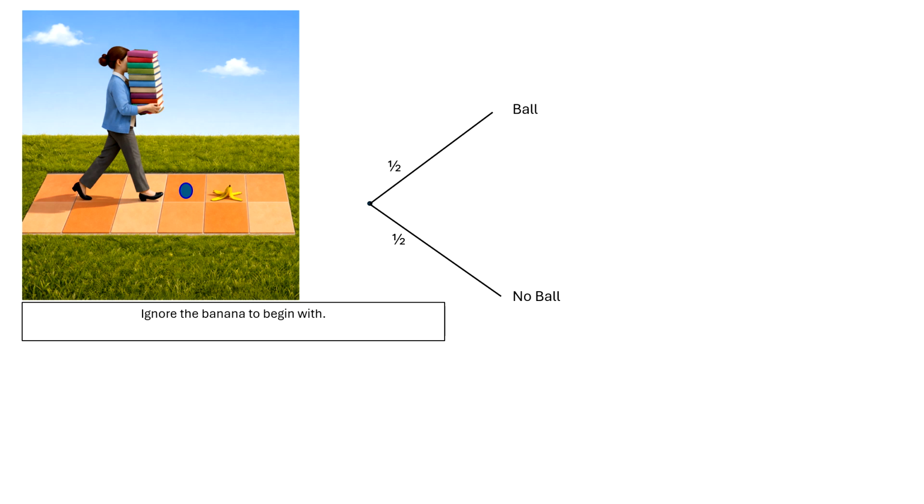So let's assume that if she stumbles over the ball, there's a 3 in 4 chance she does not trip over the banana, and a 1 in 4 chance she does trip over the banana. So I'm just going to show these probabilities here. So there's the 3 in 4 chance of not tripping over the banana, and the 1 in 4 chance of tripping over the banana.